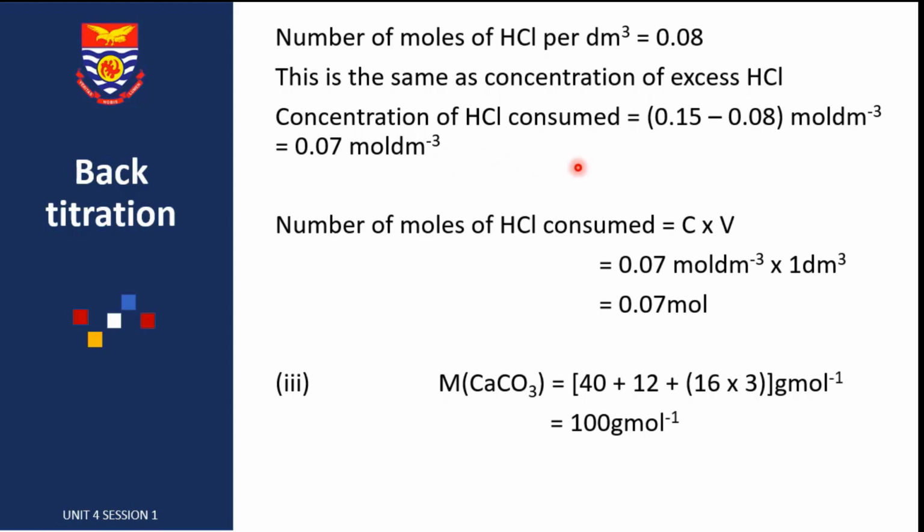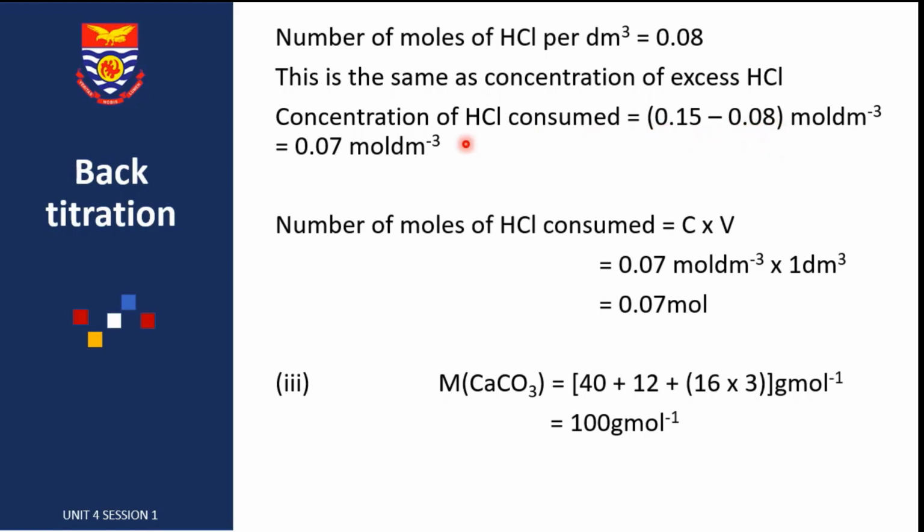We started with 0.15 molar HCl, or mole per dm cubed HCl, and we have found that out of that there was excess. The calcium carbonate took some, and what was left was the 0.008 as we have found. So if we want to know what the calcium carbonate consumed, it's just a matter of subtracting the excess from what we started with, which is the 0.15.